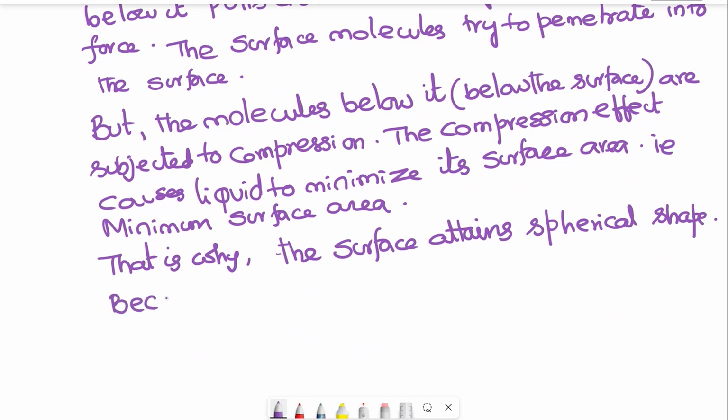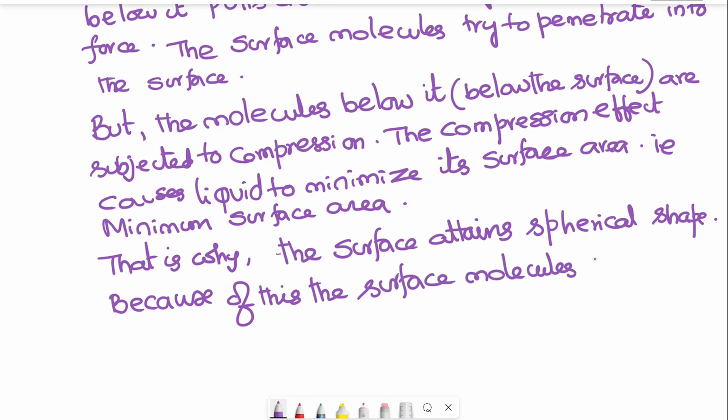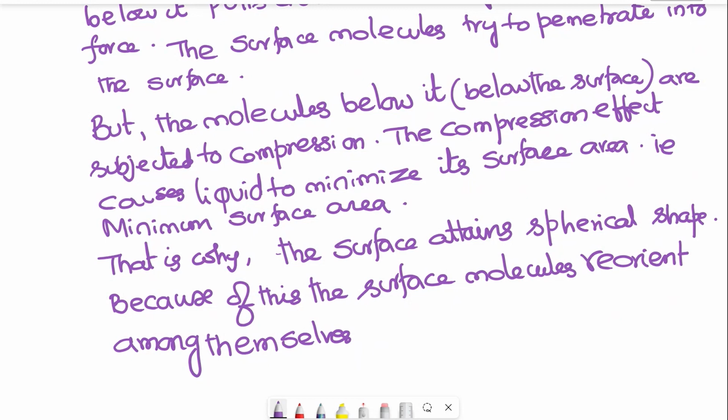Because of this, the surface molecules reorient among themselves, moving very close to each other. Very, very important point.